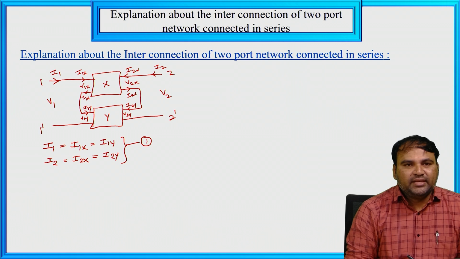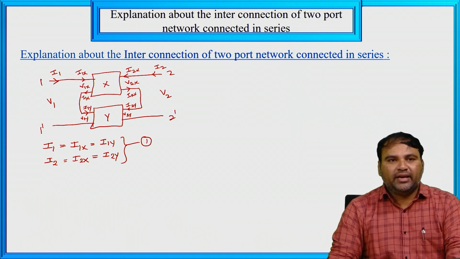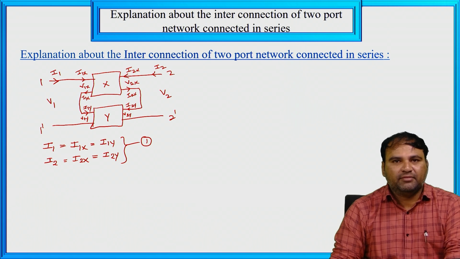Now for this X two-port network and the Y two-port network, we have to write in terms of the Z parameters for the series combination.